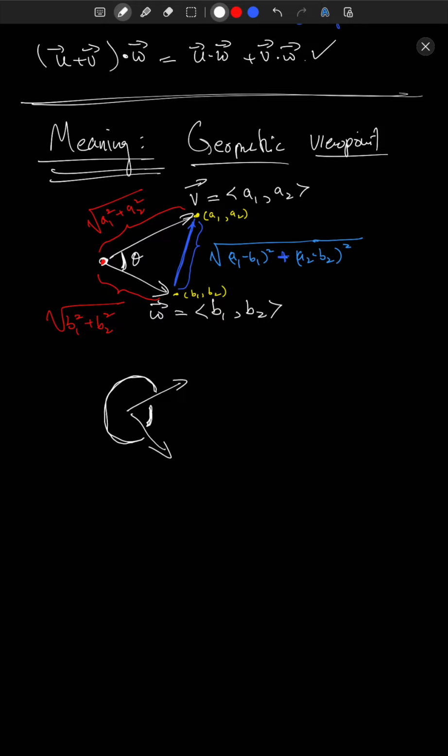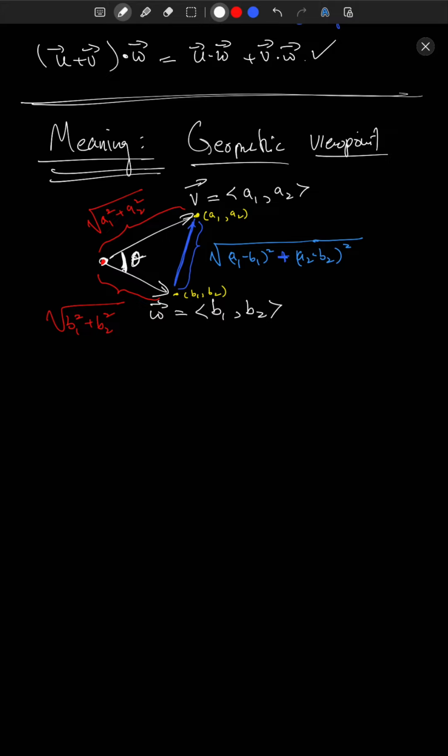When we're working with vectors, we're always interested in the smaller of the two angles. So when we say the angle between two vectors, we always mean the smaller of these two angles. That's just a baseline standardization of notation. So this angle here, theta, is the angle between v and w.